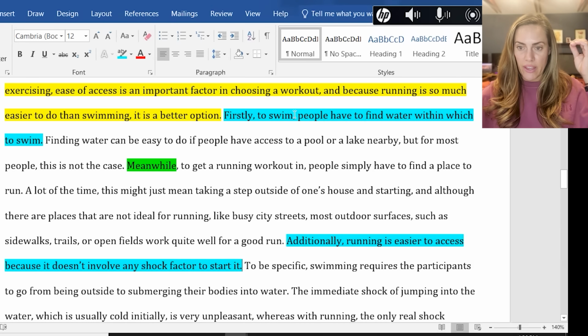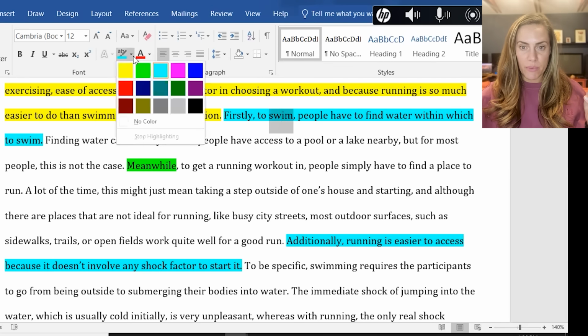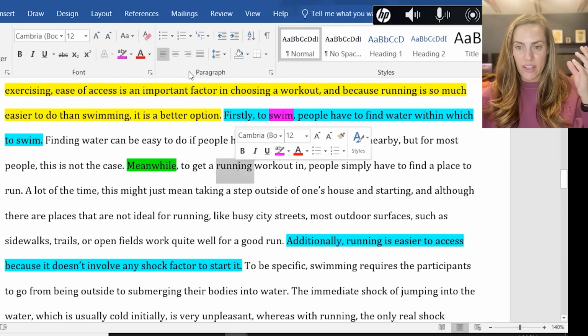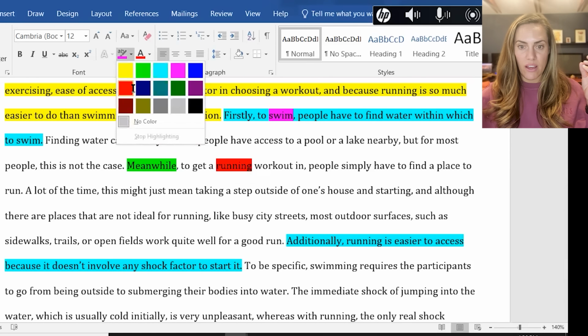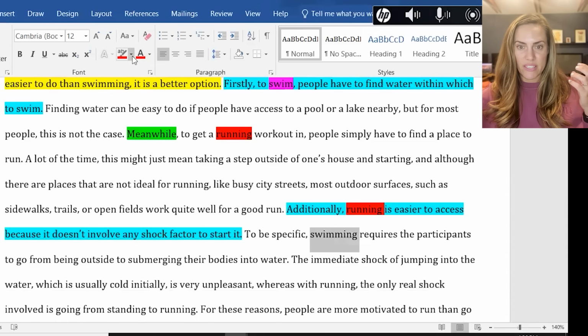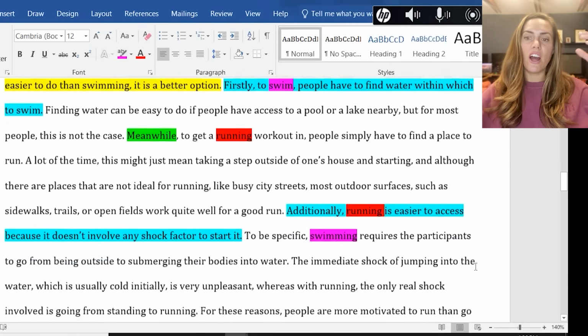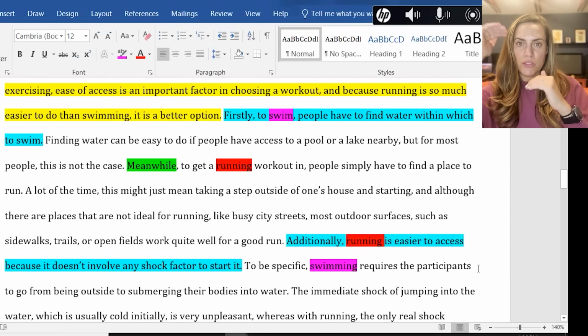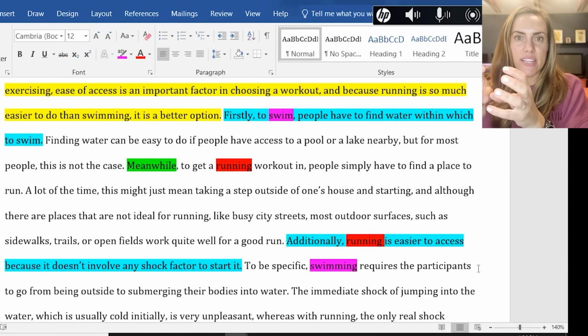So I want you to see the pattern here. I'm going to highlight it to make it more clear. Swimming is pink, okay? And then running is red, okay? Running is red, and swimming is pink. I just want you to see the colors because I want you to see that you're talking about swimming and you're talking about running, but you're focusing on that point, which is accessing it.